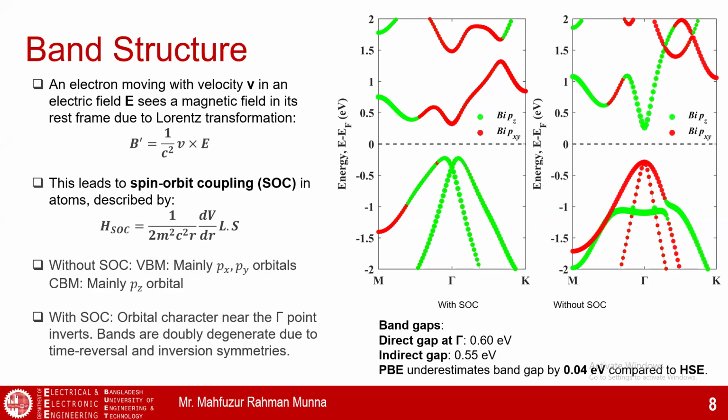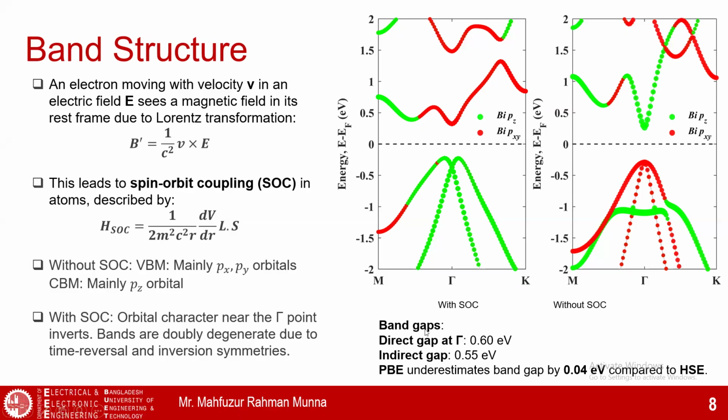However, if we do not incorporate spin-orbit coupling into our calculation, then we get the band structure for a trivial material. In that case, the valence band maximum is predominantly composed of the bismuth px orbitals, and the conduction band minimum is predominantly composed of the bismuth pz orbital.